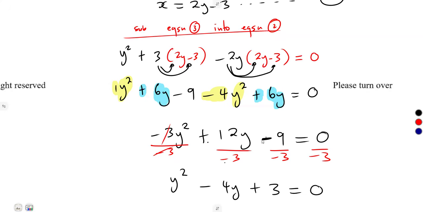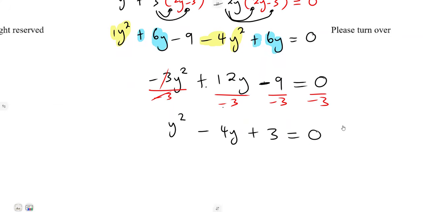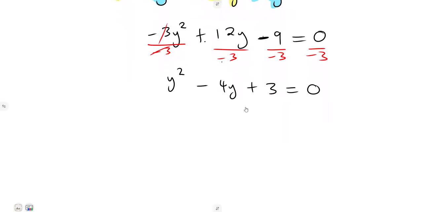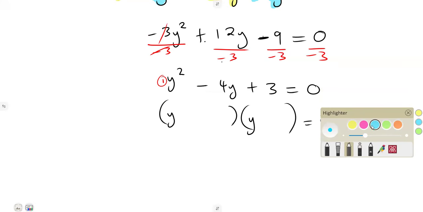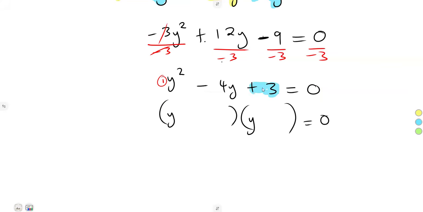All right, so this is the concept. As we can see, guys, if you have reduced this equation into this, it is easier even for you to factorize, even if you do not understand your factorization here. When the coefficient of y squared is 1, you simply have to consider two brackets, simply put y here and y there. Then what you're going to consider is factors of 3, which will add up to a negative 4.